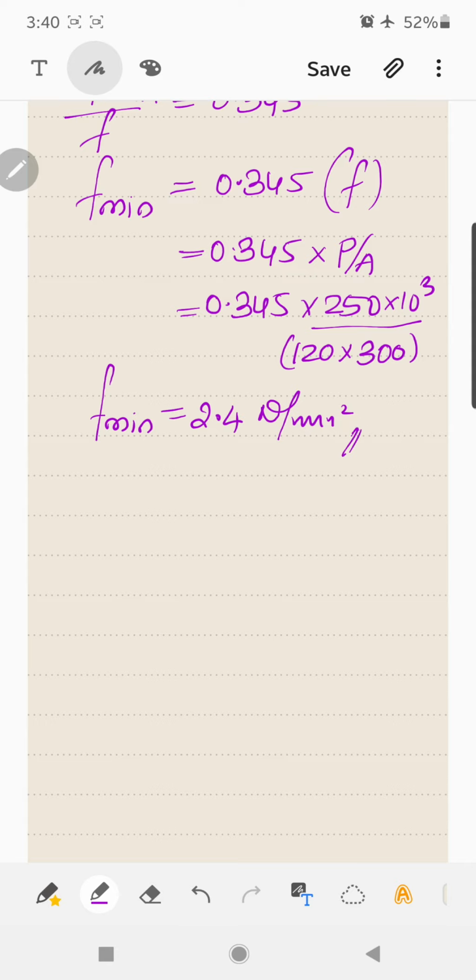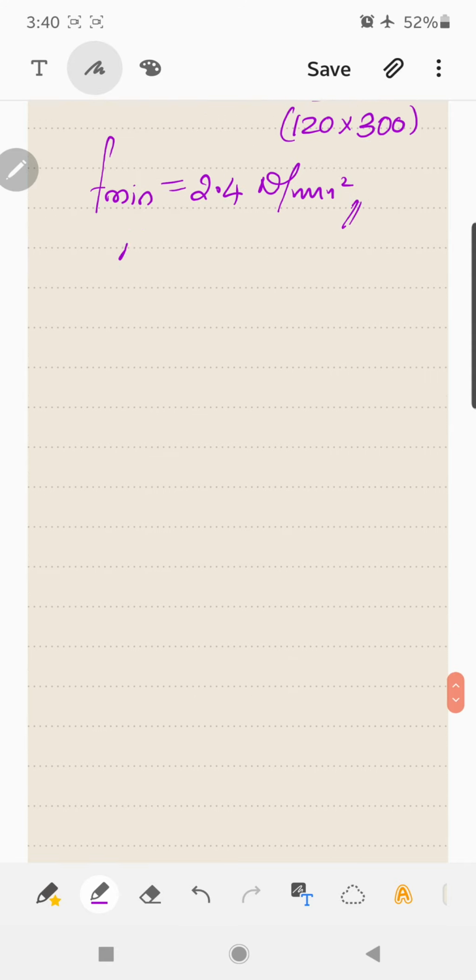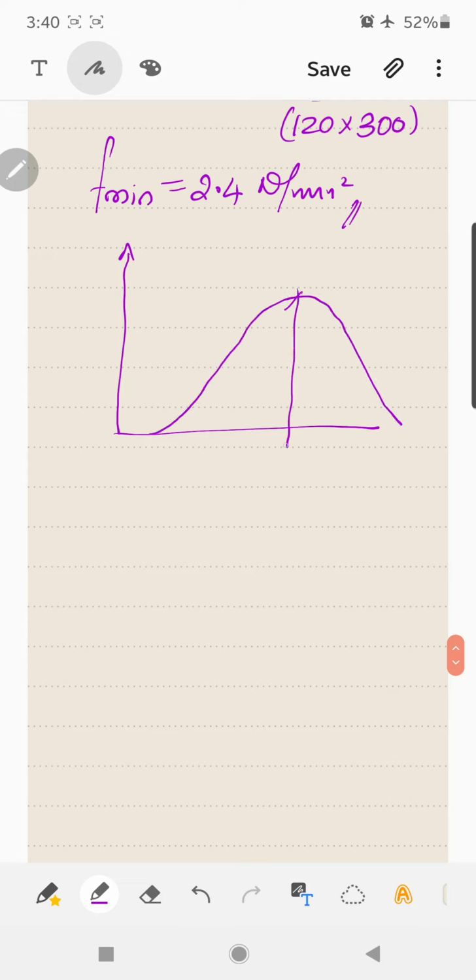So therefore the distribution diagram: the maximum value is 2.4 Newton per mm square.